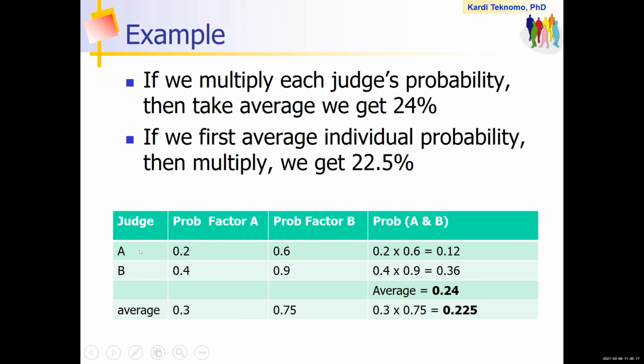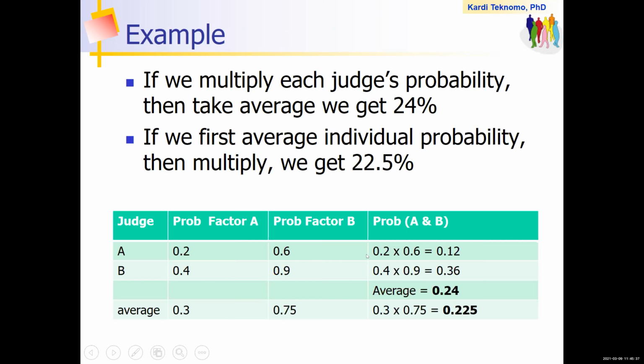Say, judge A says the probability of factor A is 20%, the probability of factor B is 60%. Judge B says, oh, factor A is 40%, factor B is 90%.